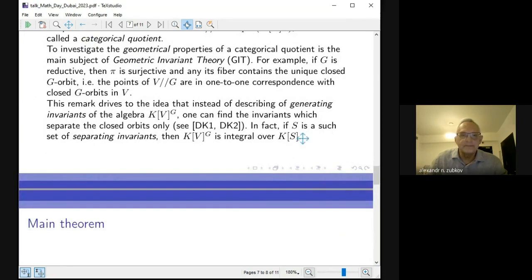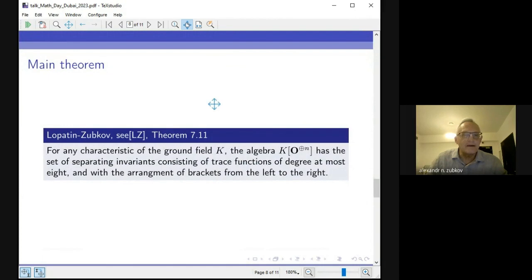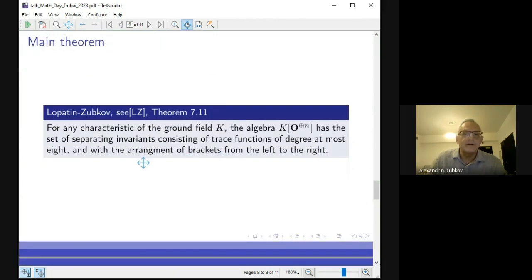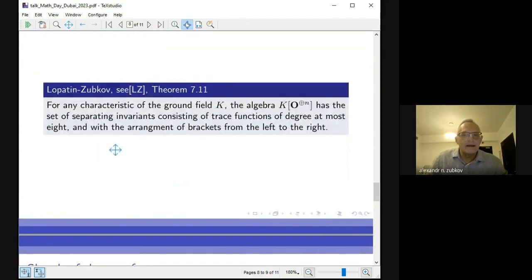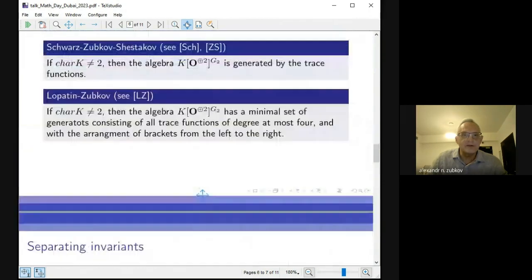Now I can formulate the main result of our work with Artem Lopatin. As you see, the previous results were given, I mean both results, the Schwarz, Zubkov, Shestakov result and the Lopatin, Zubkov result.